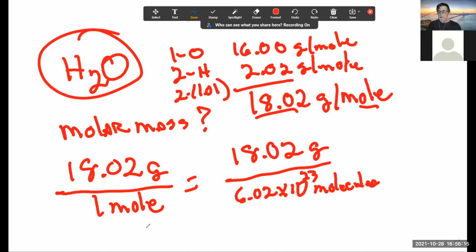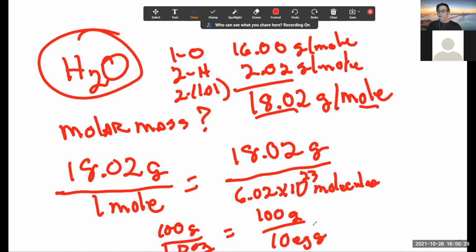Remember the dozen small eggs, they weighed 100 grams per dozen, which is the same thing as 100 grams per 12 eggs. Same scenario. And I demonstrated hopefully how large this number is for only 18 grams.